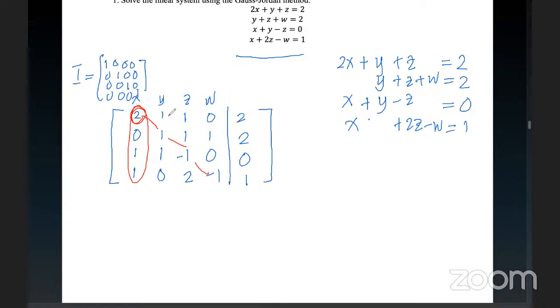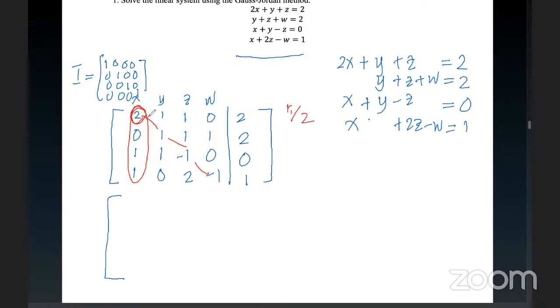So paano i-normalize itong entire row 1? So basically, ito yung maximum or absolute value na kita sa principal diagonal. So we can divide the entire row 1 by 2 para ma-normalize natin. So let's proceed.